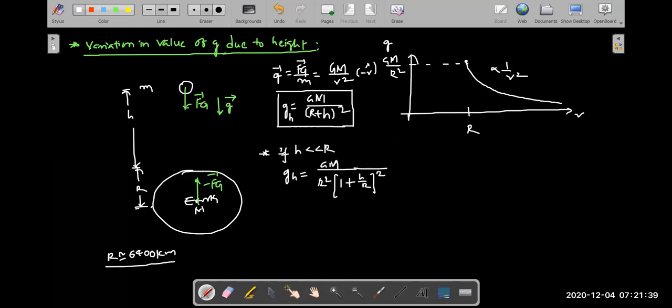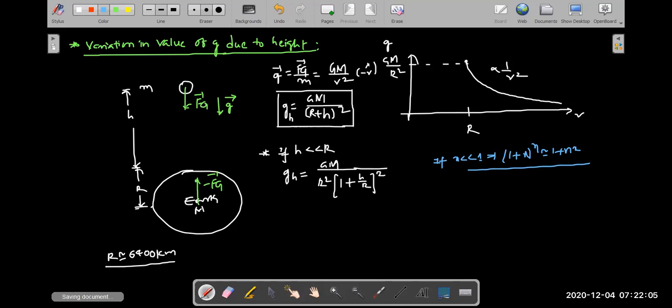Now here we know a binomial approximation. What does it say? If x is much less than 1, this implies 1 plus x whole power n can be written as 1 plus nx. If there is a plus or minus, then it will be plus or minus nx.